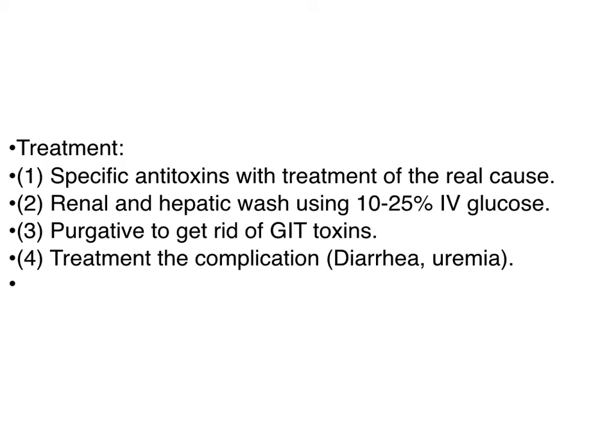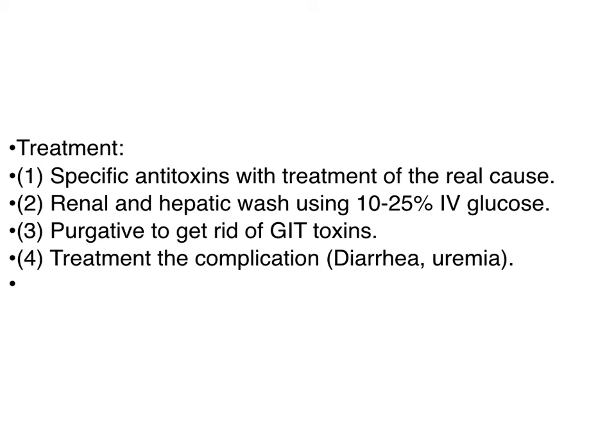أما بالنسبة إلى العلاج treatment والذي سبق أن تطرقنا له بصورة general principle of treatment of urinary system. Number 1, specific antitoxin، يعني يجب أن نعرف ما هو المسبب الرئيسي لحدوث النفروسيس، فننطي الانتيتوكسين الخاص with the treatment of the real cause.